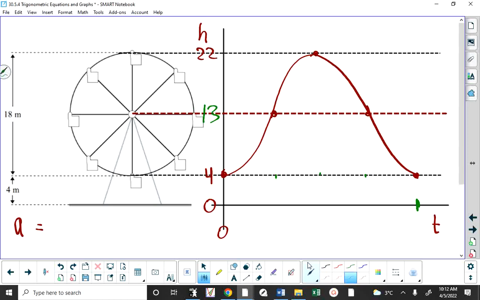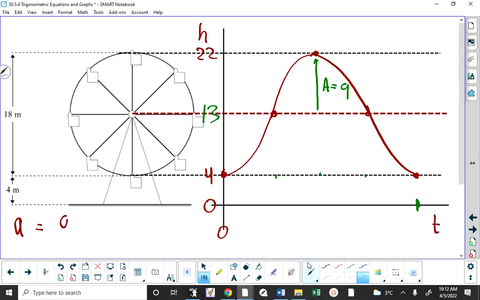I'm getting 13. By the way, when I found the middle value, I just looked at the fact that if this is 18, then the amplitude has to be 9. Right? This distance here, which we call the amplitude, must be 9. So I just added 9 to 4 to get 13, and then I did a double check and I added 9 to 13 to make sure I got 22. Okay, so A is 9.